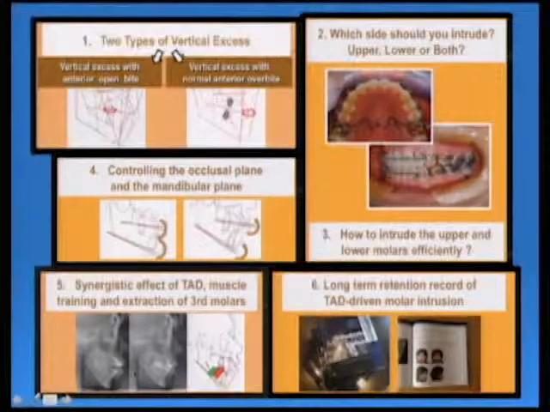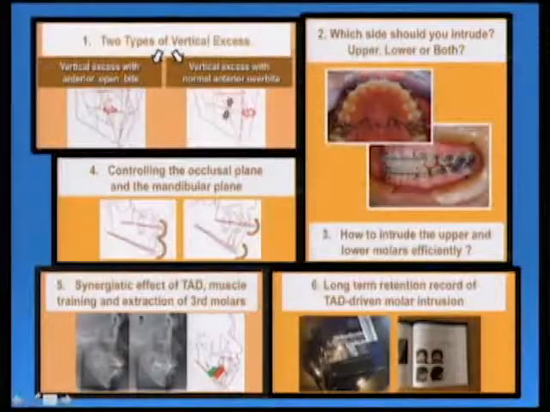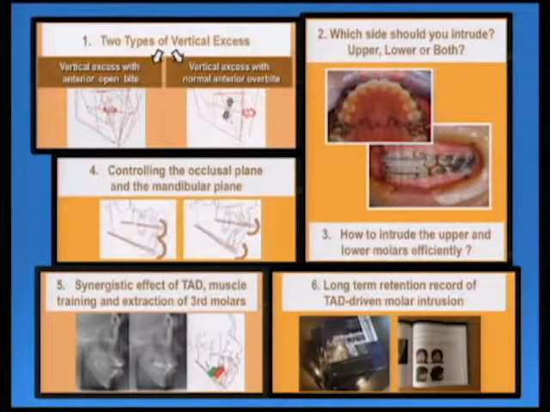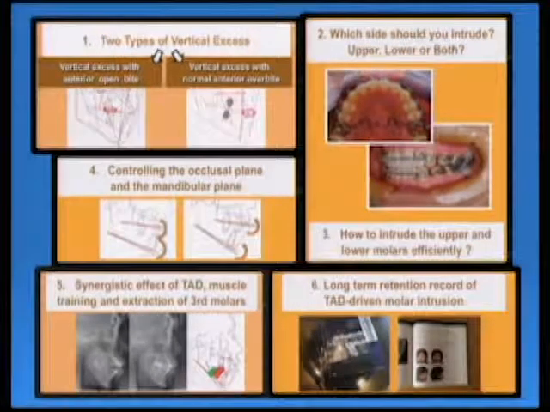Fourthly, I'm going to introduce the skeletal change. Number 5, I'm going to introduce the synergic effect of TAD, muscle training, and extractions. And number 6, last but not least, I will show you the 10-year retention records of the TAD-driven molar intrusion case.